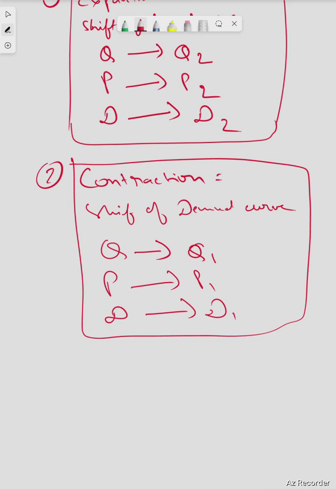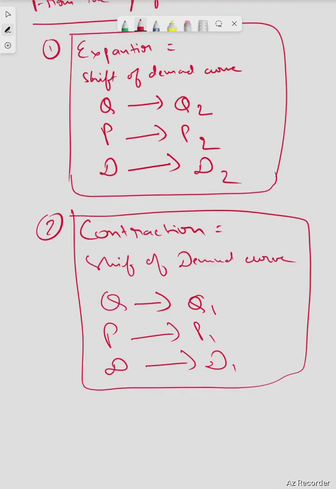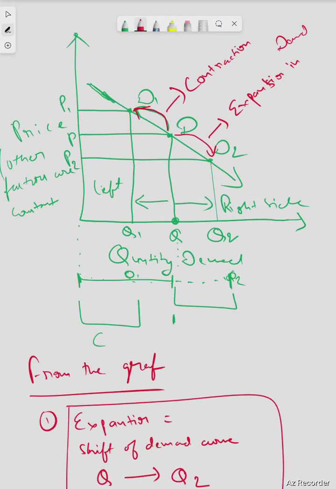When demand increases as the price reduces, you can see when demand increases from here to here and price is going down from here to here, then demand expands. Expands means individuals are demanding more.